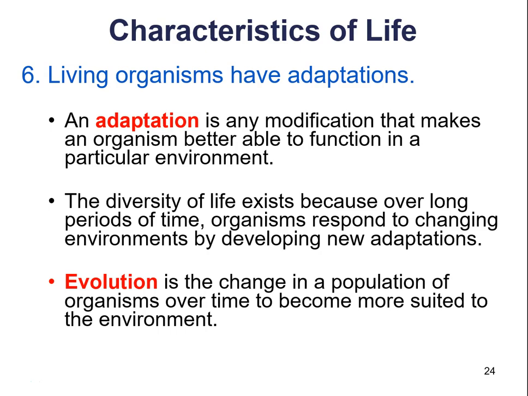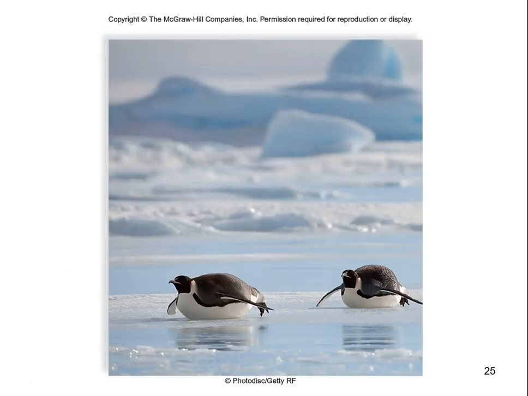So again, something you can sit and think about for a second in terms of examples of different types of adaptations that exist in animals. I think the book gives this example of these penguins here.